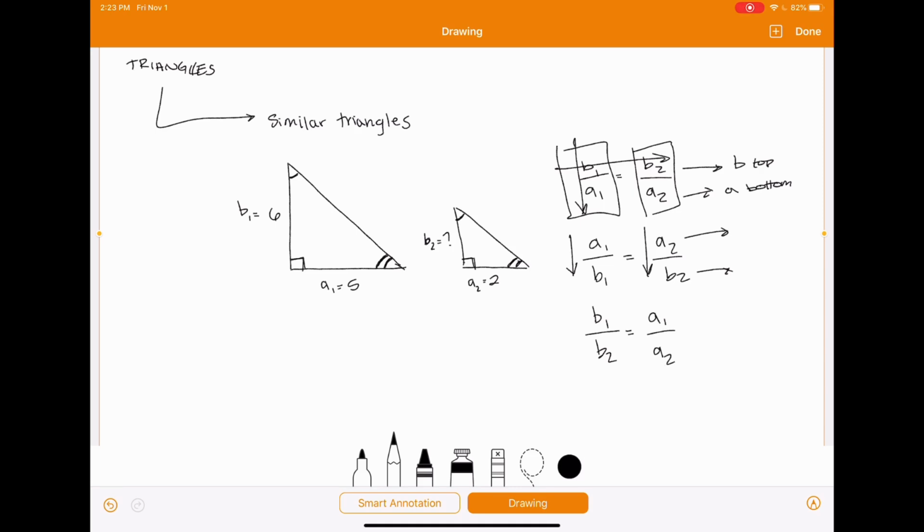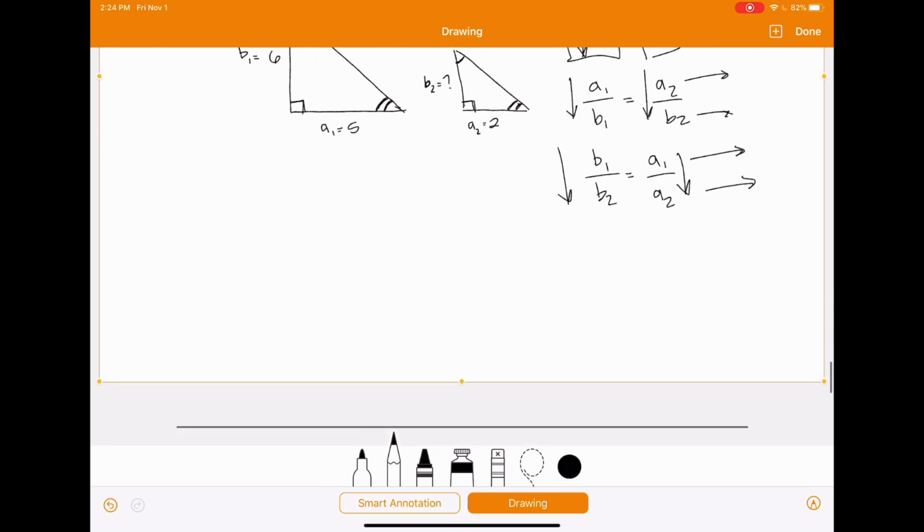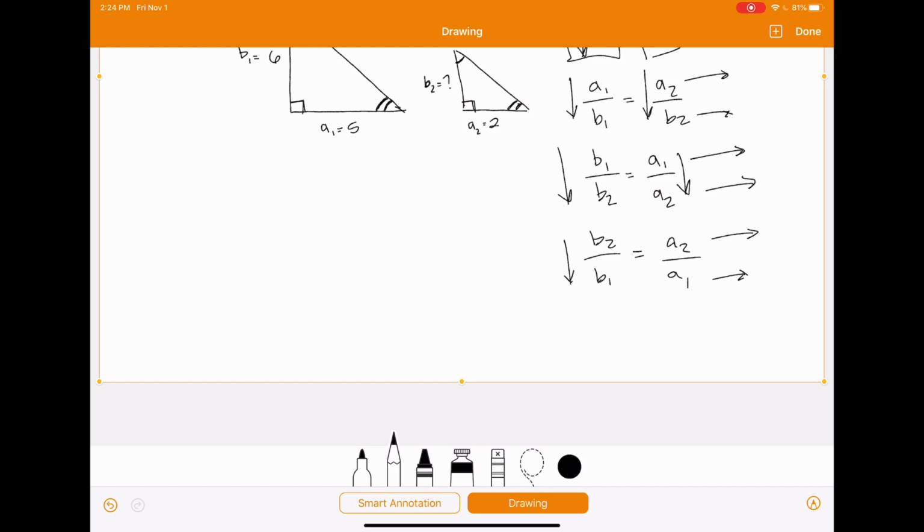In this case, you've got the B's going vertically on one side, the A's going vertically on one side, and horizontally you've got the 1's and then the 2's. All right, which means you could also have B2 over B1 equals A2 over A1, right? So 2's on top, 1's on bottom, B's on left, A's on right, all right?